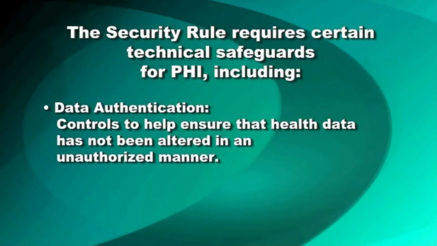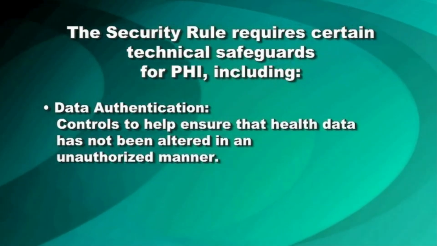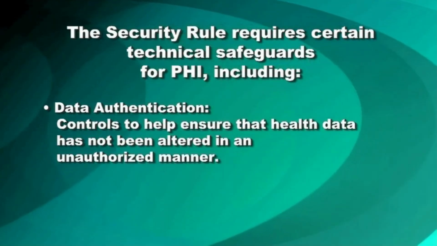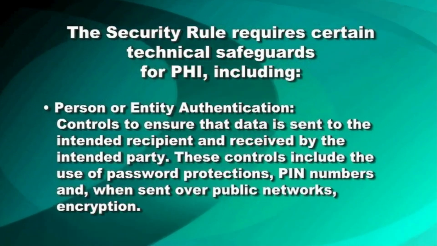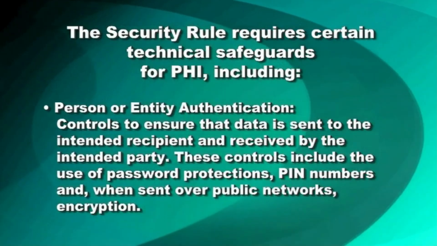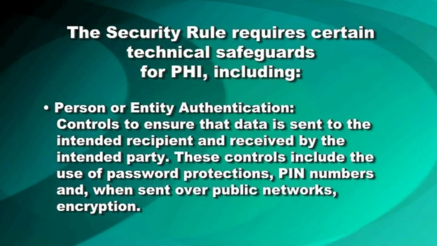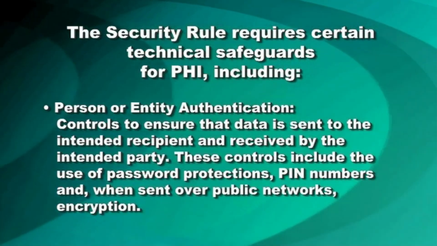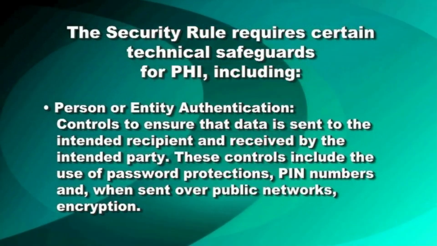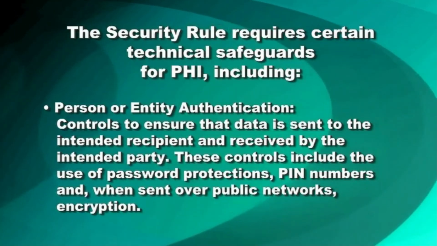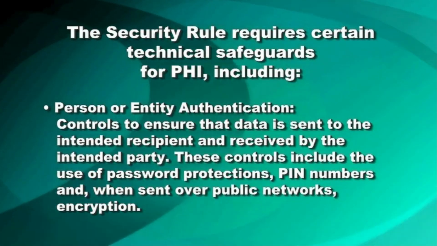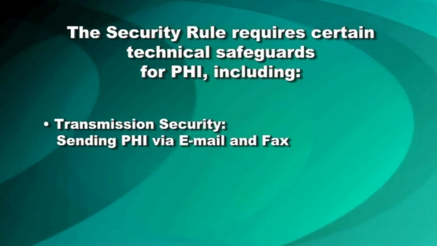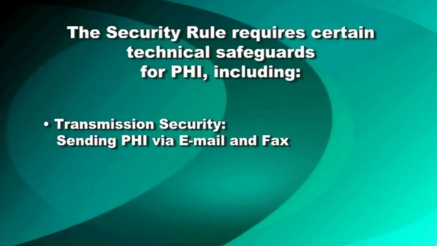Data authentication: controls to help ensure that health data has not been altered in an unauthorized manner. Person or entity authentication: controls to ensure that data is sent to the intended recipient and received by the intended party. These controls include the use of password protections, PIN numbers, and when sent over public networks, encryption and transmission security.